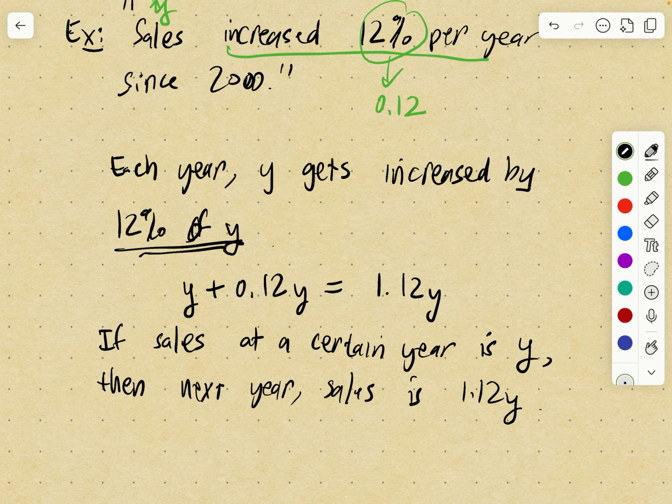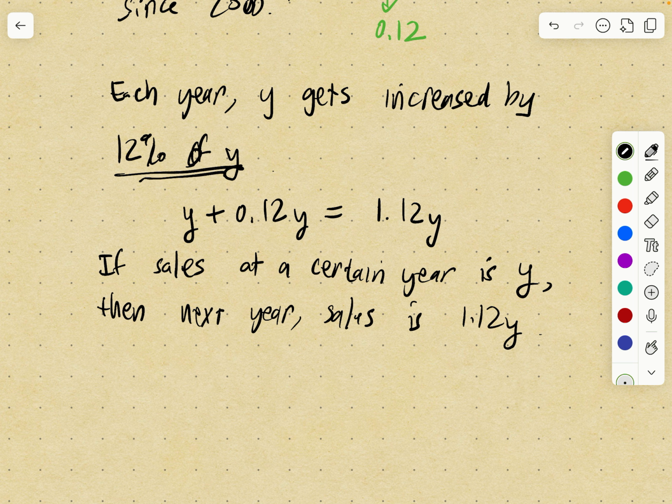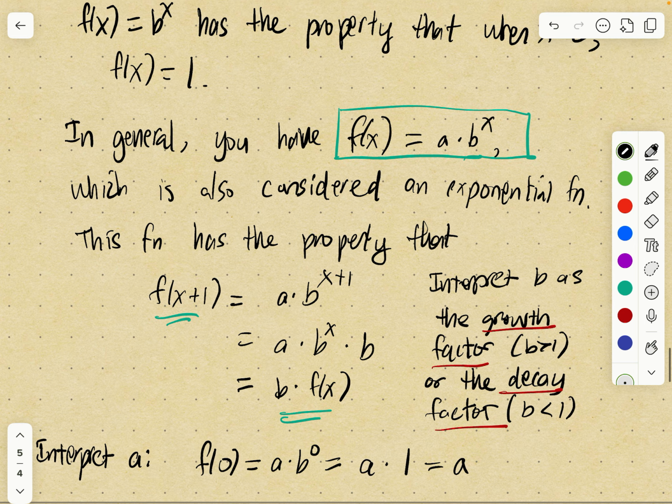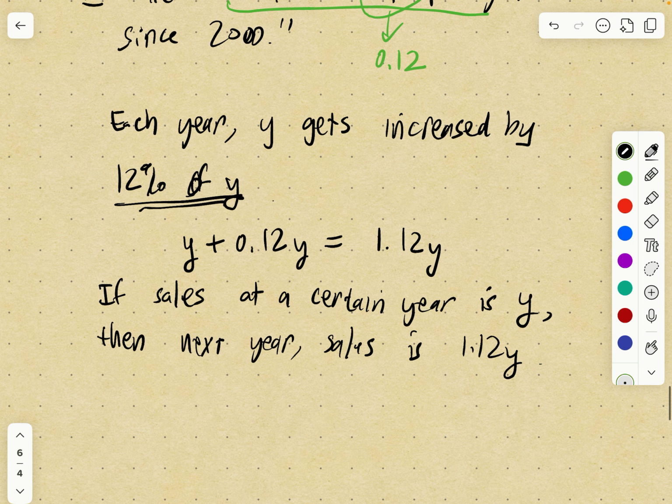You multiply by 1.12. So does that remind you of exponential functions? Because when you have an exponential function, a times b to the x, your values get multiplied by b every time x goes up by 1. So here we're saying that whenever your year increases by 1, you get multiplied by 1.12.